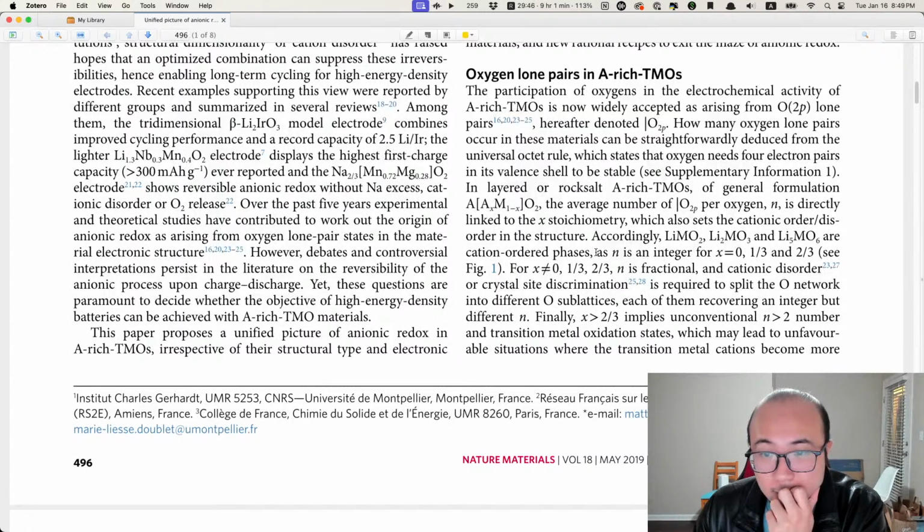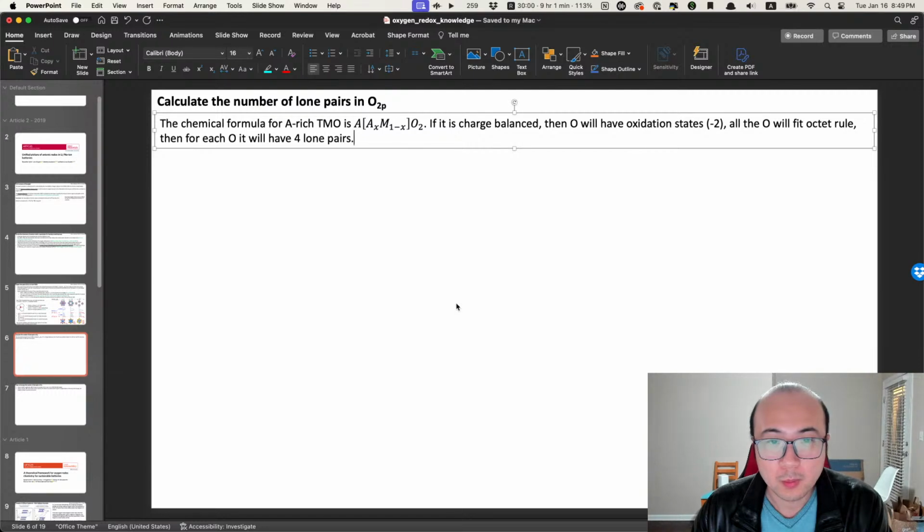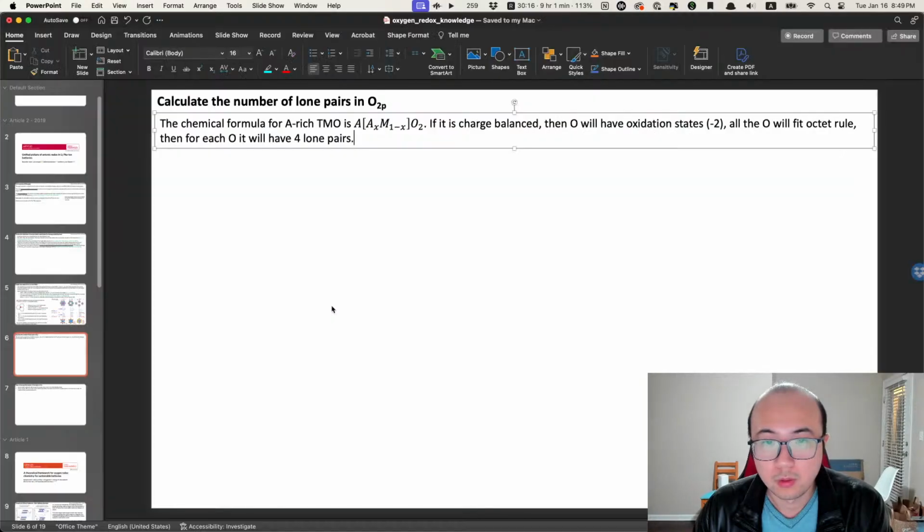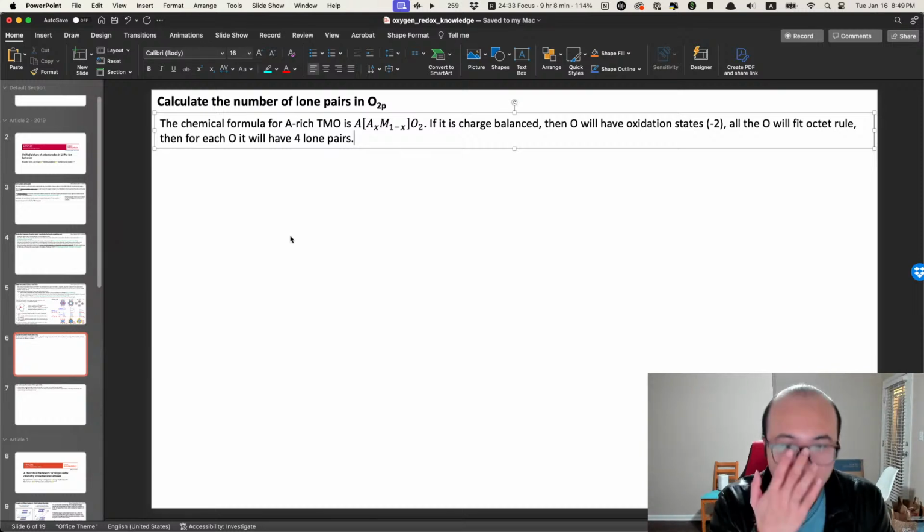If n is an integer for x equals 0, okay, how does this work?